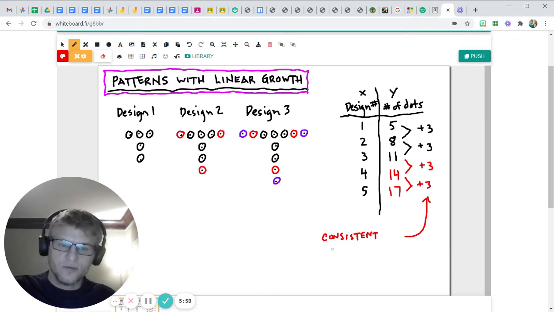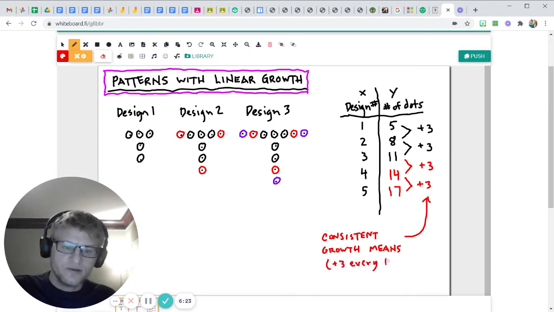Consistent growth means, or leads us to believe, that this means a linear pattern. And by consistent growth I mean plus 3 every time, right? Every time. I'm going to put that on there.